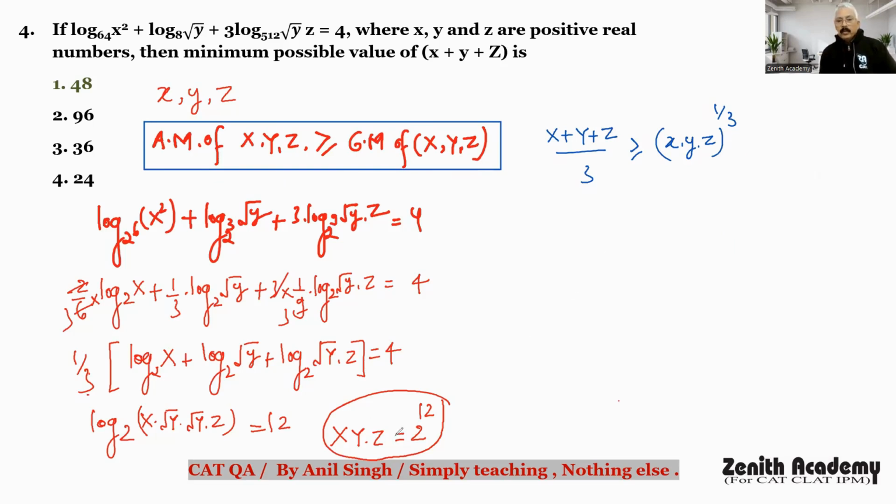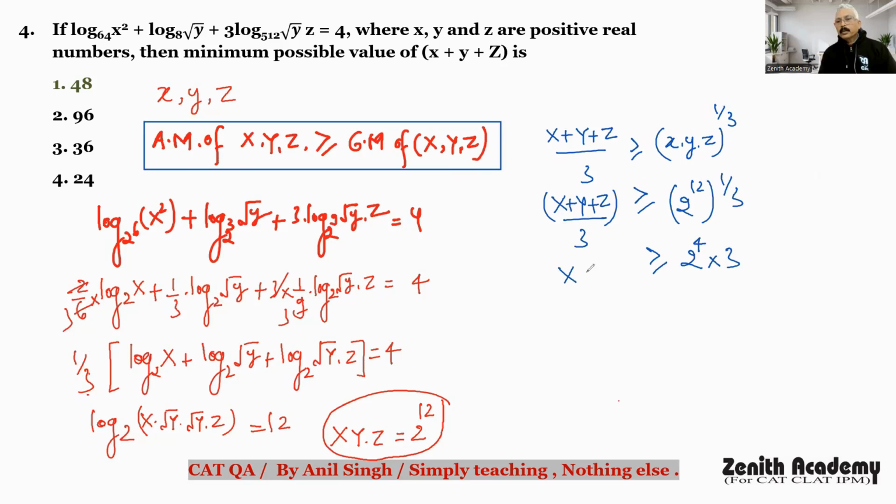And now x into y into z is given as 2 to the power 12. So this value you can put here: 2 to the power 12 into 1 by 3. And here this is (x plus y plus z) by 3. So 2 to the power 12 into 1 by 3 means 2 to the power 4, and multiply both sides by 3.